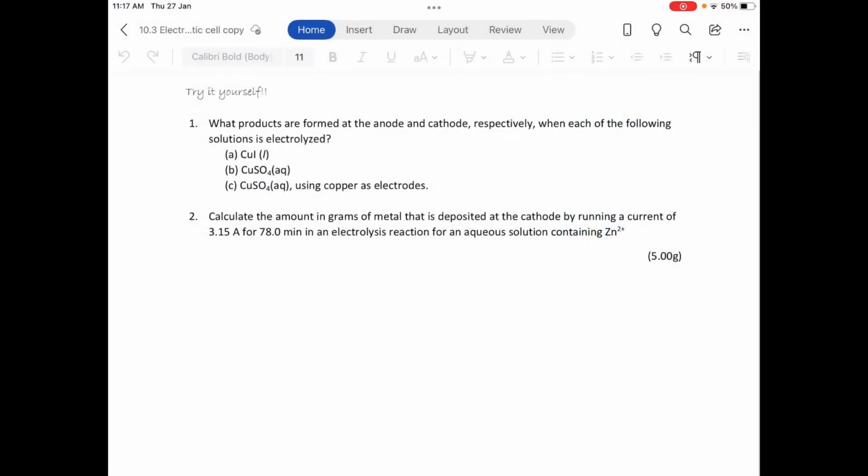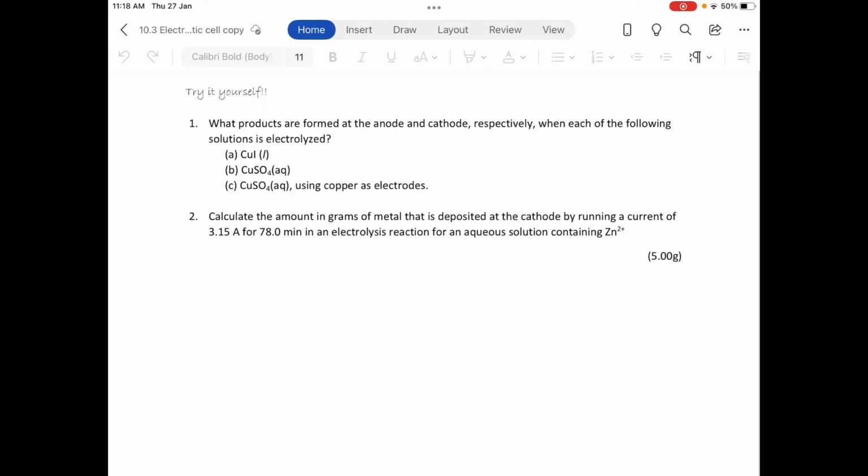Okay, now kita cuba jawab question yang melibatkan electrolytic cell. Okay, let's take a look at question number 1. What products are formed at the anode and cathode respectively when each of the following solutions is electrolyzed? Okay, so basically this type of question you are already familiar with, sebab benda ni ada dalam syllabus form 5, ya, iaitu untuk kita predict apakah produk yang terhasil at anode and cathode in electrolytic cell.